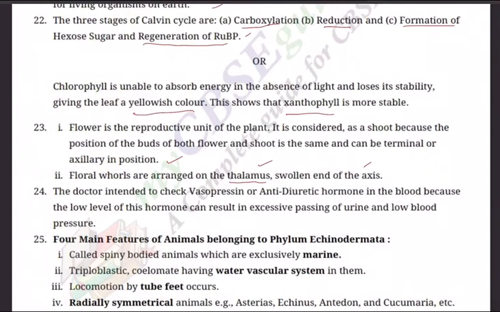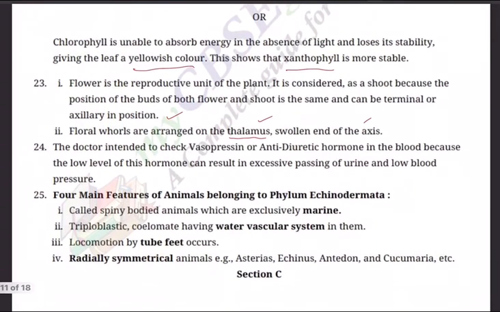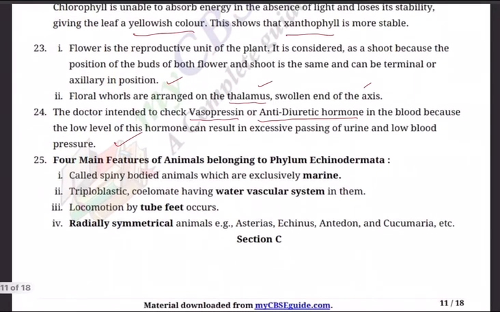But he decided to measure one more hormone in the patient's blood. Which hormone does the doctor intend to measure? The doctor intends to check vasopressin, or as we expect, ADH, antidiuretic hormone, in the blood. Why? Because a low level of this hormone can result in excessive passing of urine and low blood pressure.